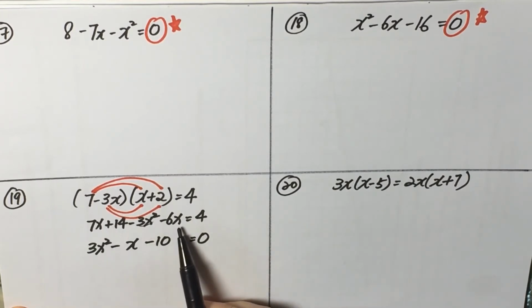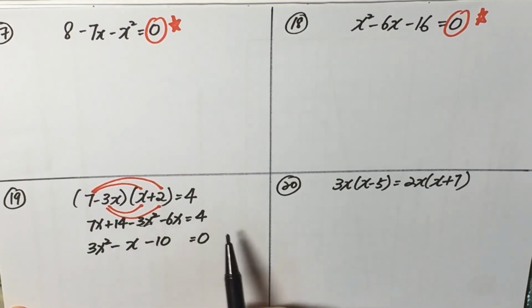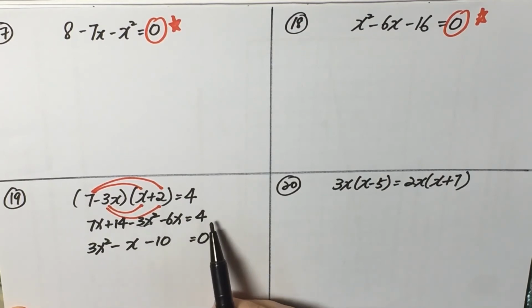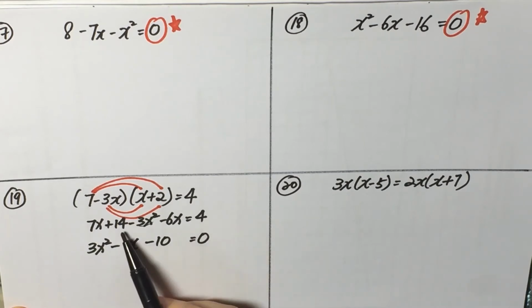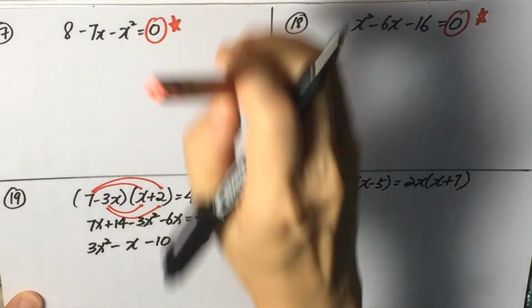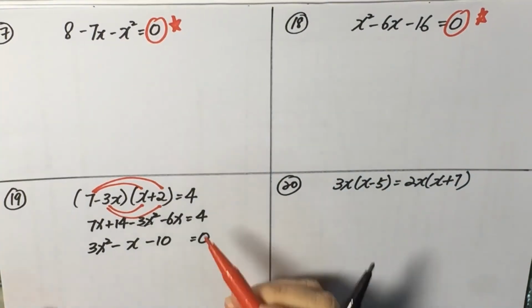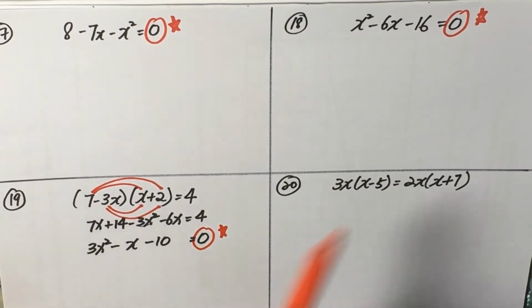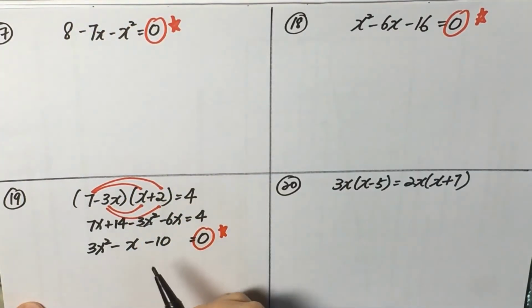And then this 7x minus 6x is an x, but I brought it over to the other side so it becomes negative x. This one, when it's combined with this 4 here, is 4 minus 14, so it's negative 10. Okay, so now there is a 0 on one side of the equation, and we can do the zero factor law.